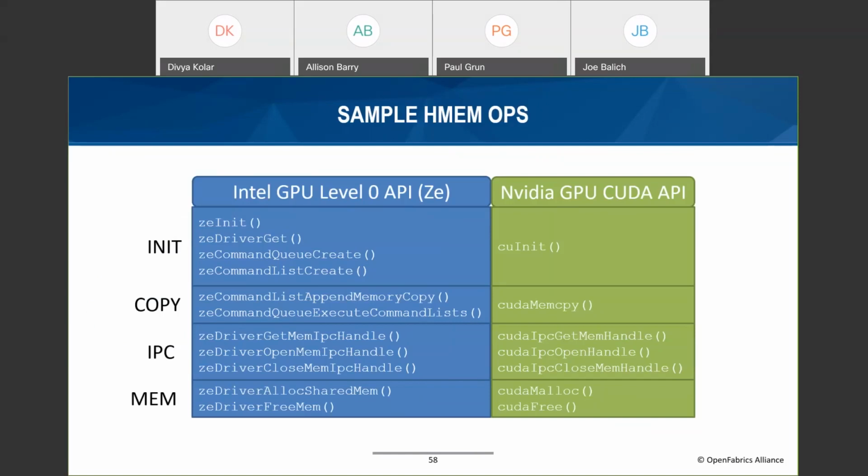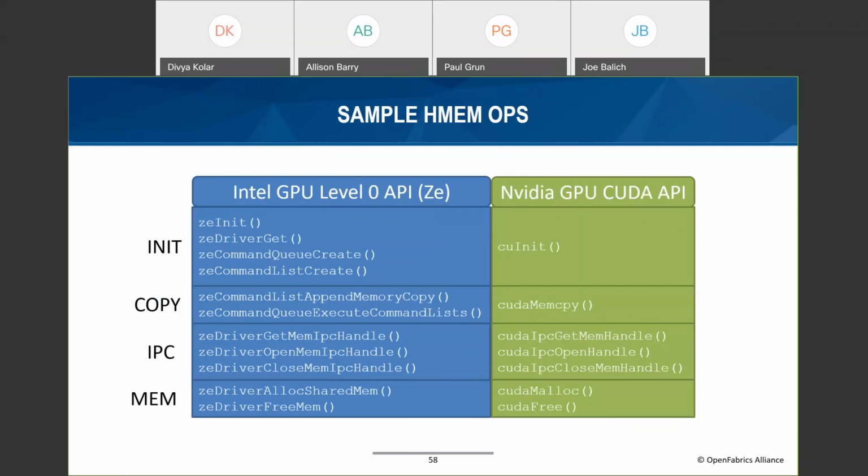So the Intel Level Zero ZE API might need to initialize its drivers and devices and create the execution command queues and lists for the memory copies in its init ops. Similarly, the CUDA API might need to make sure its device context is initialized with cuInit. The Level Zero would then call its append memory copy and execute calls for any memory copies, while CUDA will call its cuMemcpy.